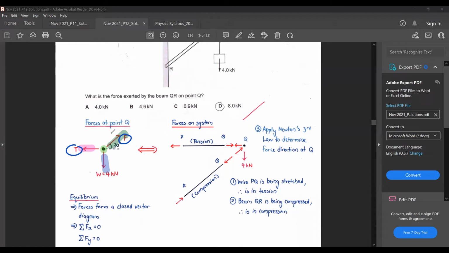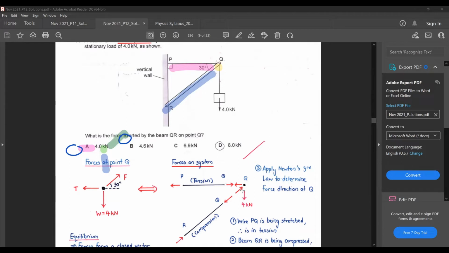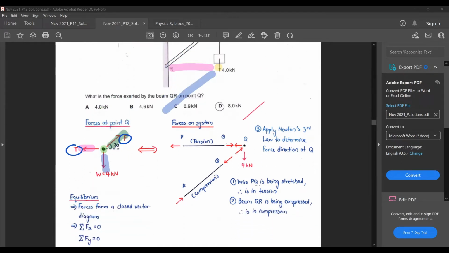You try to look at the beam as a whole and then split it up into the individual components. You actually have three things here. You have your wire PQ, you have your beam QR, and then you have your point Q. So there are actually three separate objects that make up the whole system.